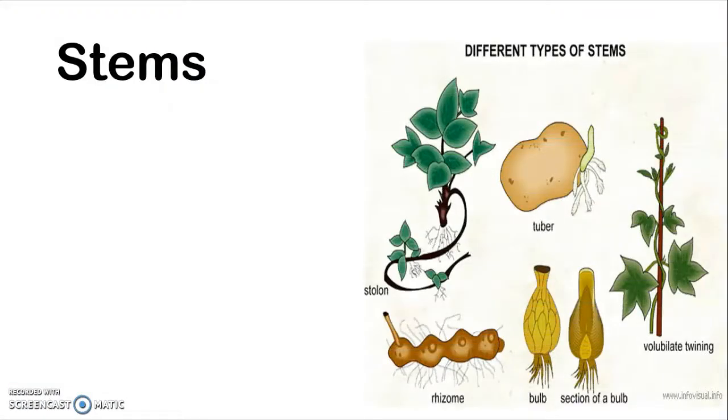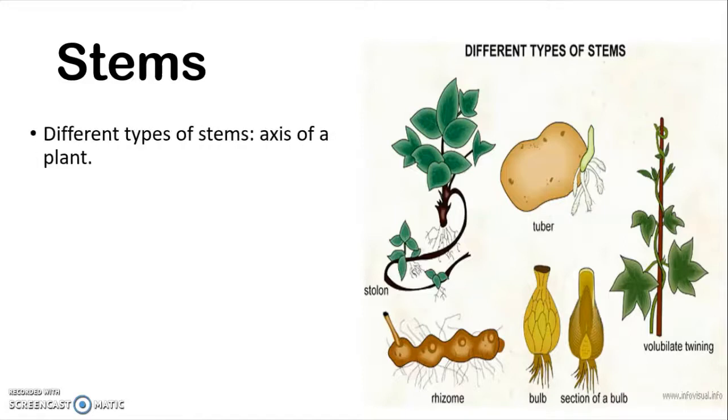That's right. Okay, different types of stems. As you can see on the picture, we have one, two, three, four, five examples of different types of stems. Now, we're going to learn about the function of it.